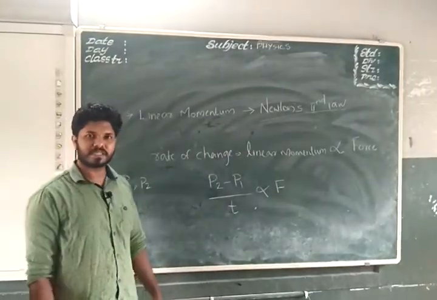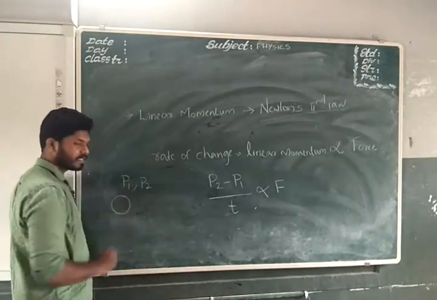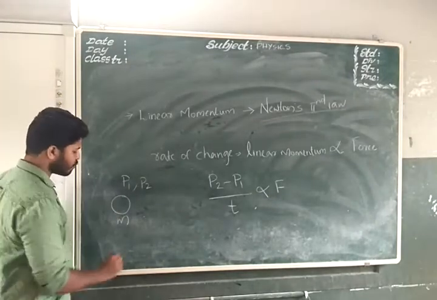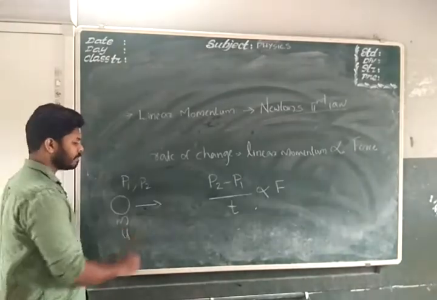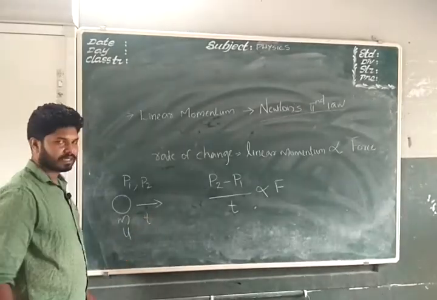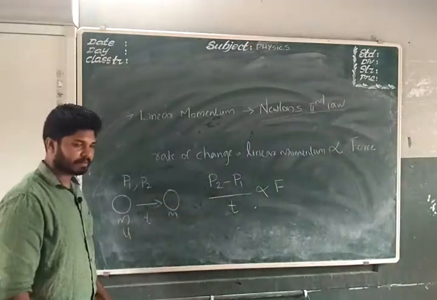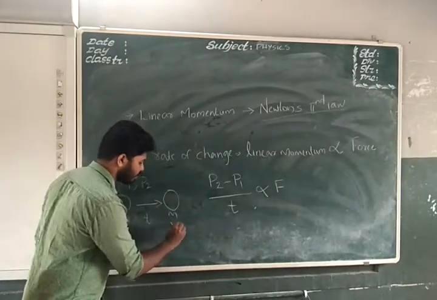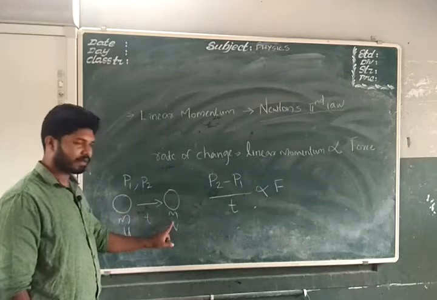Now consider a body that is having mass m, and initially it is moving with the velocity u, initial velocity u. After some time t, the same object, with mass m, is moving with final velocity v. Then here we have initial velocity, here we have final velocity.